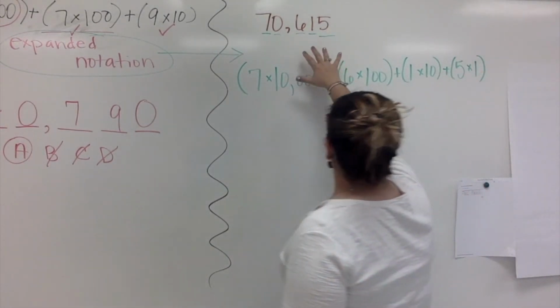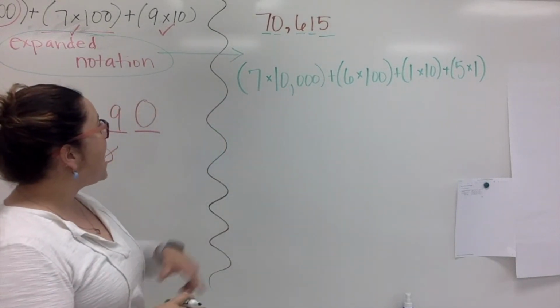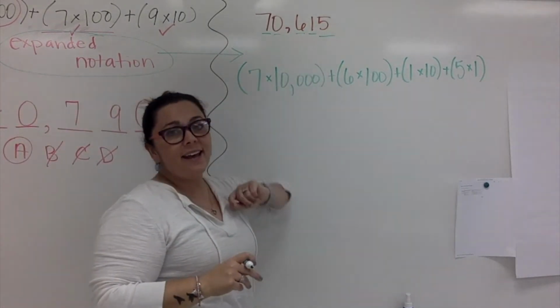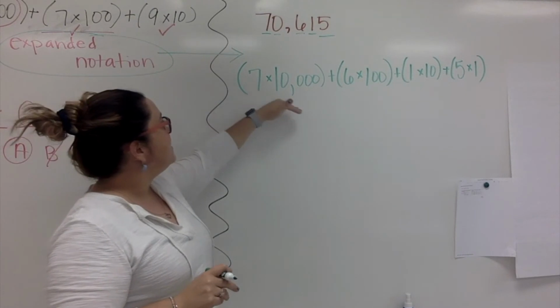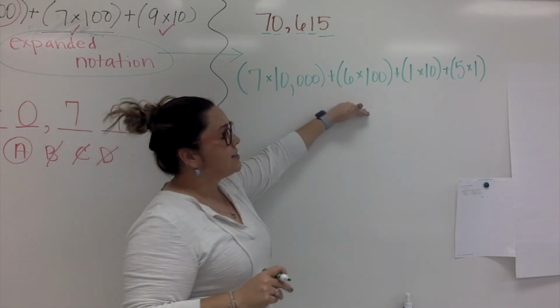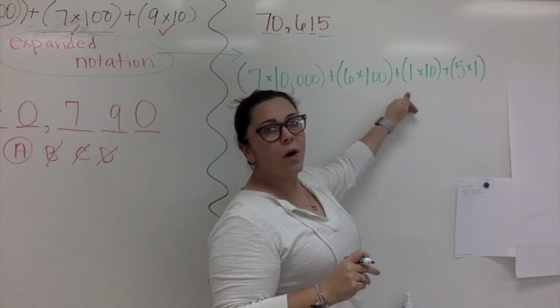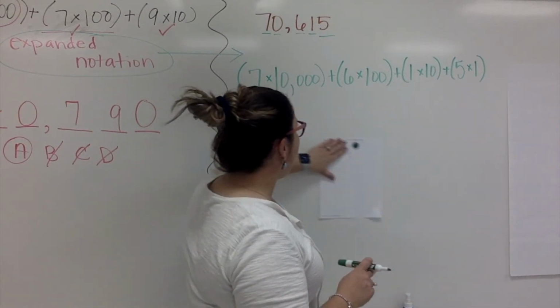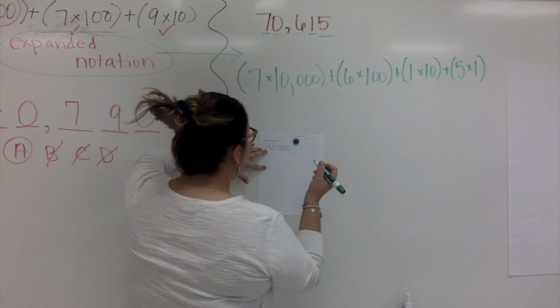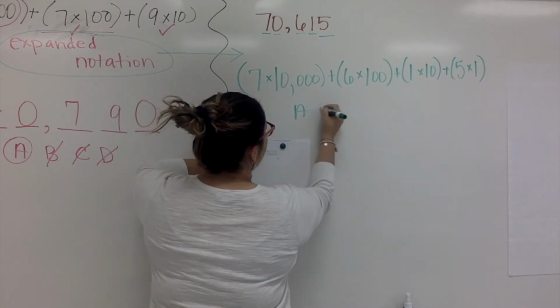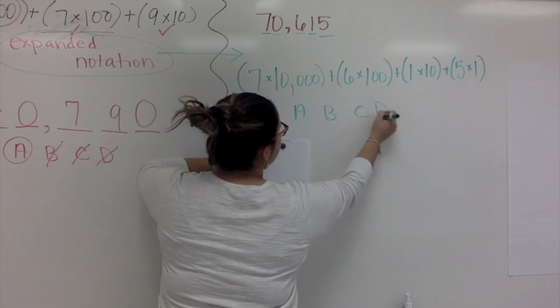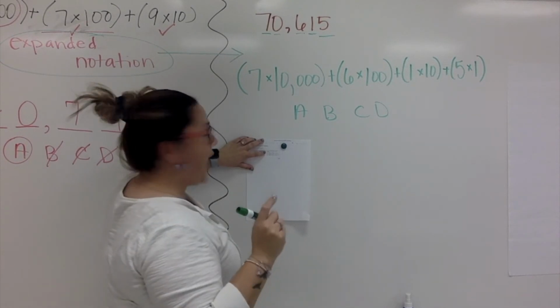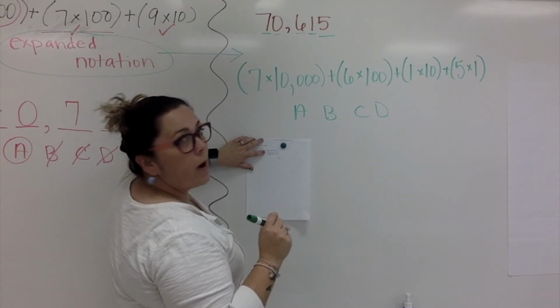So the expanded notation of 70,615 is 7 times 10,000 plus 6 times 100 plus 1 times 10 plus 5 times 1. If we look back at our answer choices in the problem, we can compare those to see if ours matches any of them. A says 7 times 1,000.